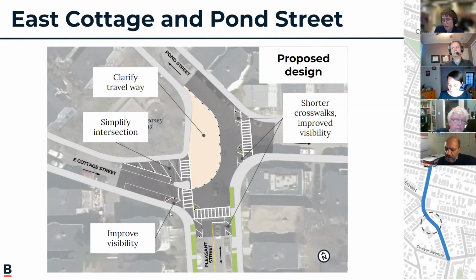And we will do that with flex posts and with striping. That significantly shortens the crossing distance. It also improves visibility by preventing vehicles from parking in the spaces very close to the intersection. That's going to help improve the visibility of people crossing here.